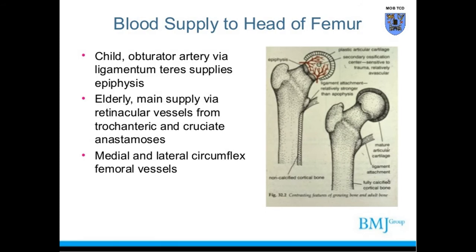You can look at that diagram, how the internal iliac artery through its branches has anastomosis with the branches of the external iliac, which continues as the femoral artery. Branches of the femoral artery then anastomose with the branches of the internal iliac artery at the greater trochanter and at the cruciate anastomosis. You can see that diagram, and from these anastomoses, retinacular vessels will go to the head of the femur.